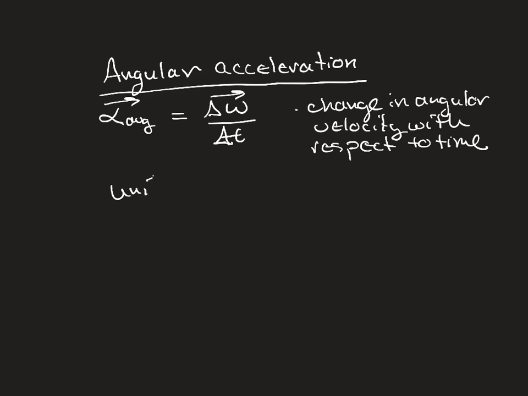The units are going to be radians per second. So we have velocity units divided by time units, and that often gets expressed as radians per second squared then, just like we had meters per second squared.